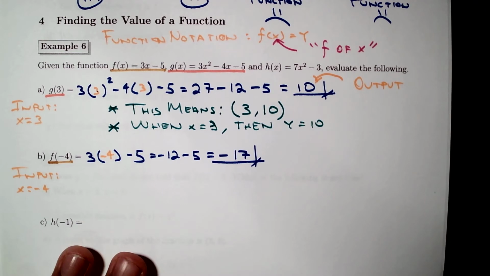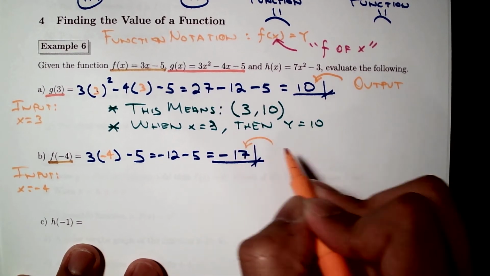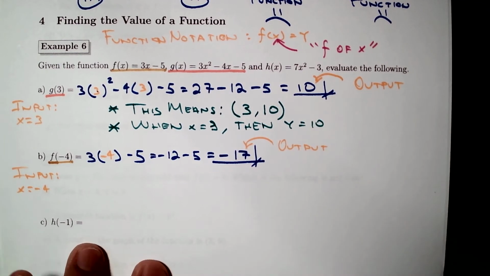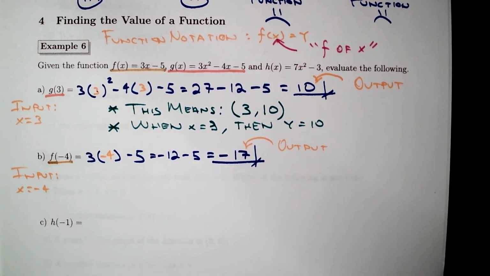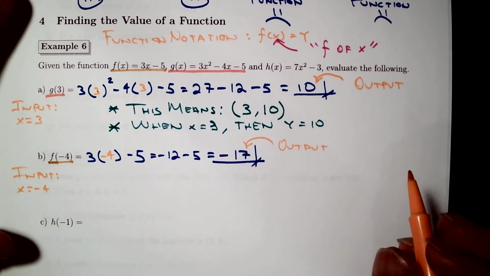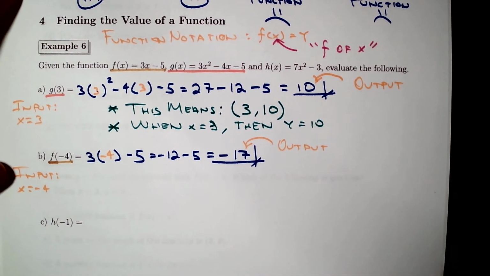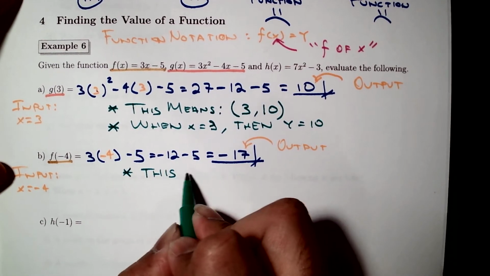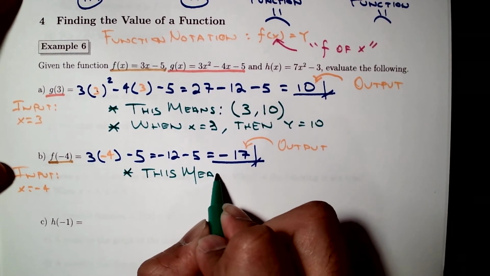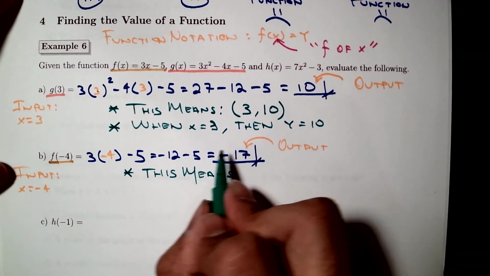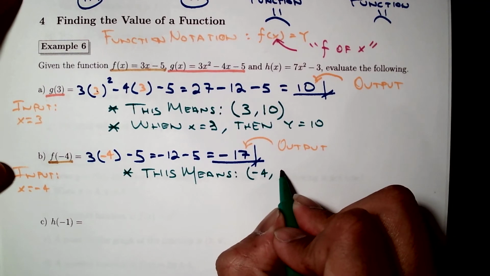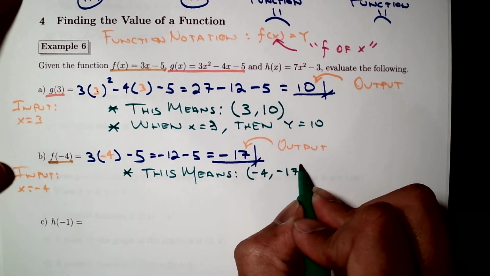Okay, and in this case, again, this is the output. So what about this? Well, this means the following ordered pair: when x equals -4, y equals -17.